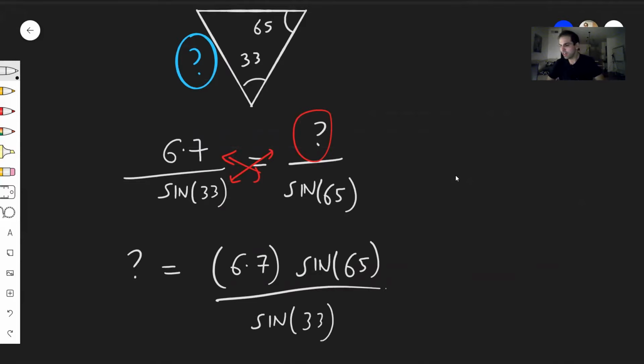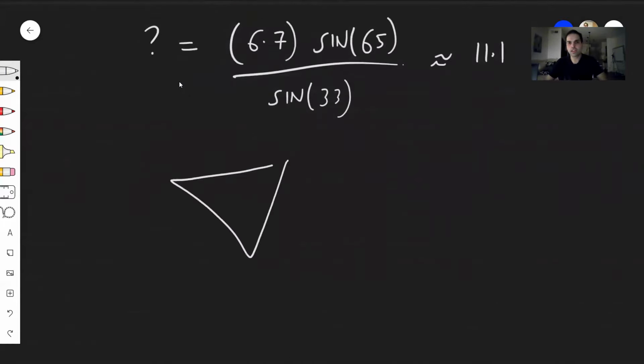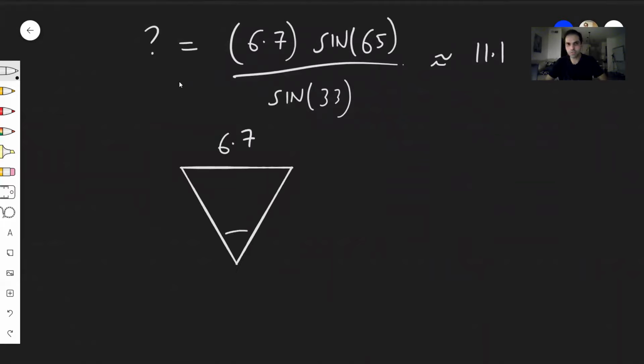And I believe you get roughly 11.1. So now we can complete this triangle. Again, this was 6.7, this was 33, this was 65, and this was roughly 11.1.